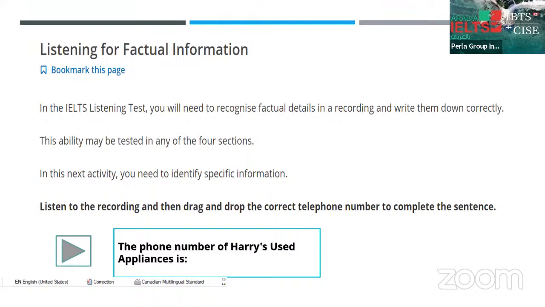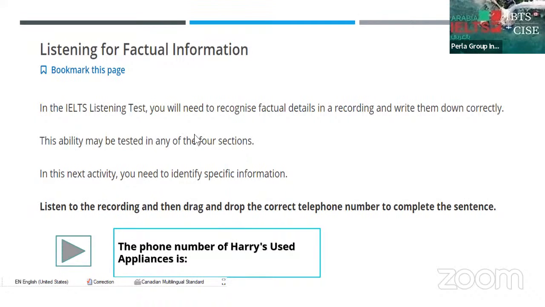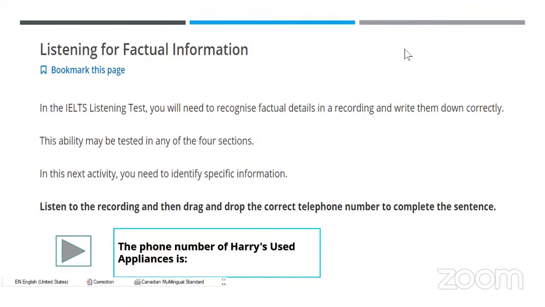All right. So who got the phone number? Let's see, there's also a chat here because some people maybe cannot talk. Okay. 0744 5. Yes.